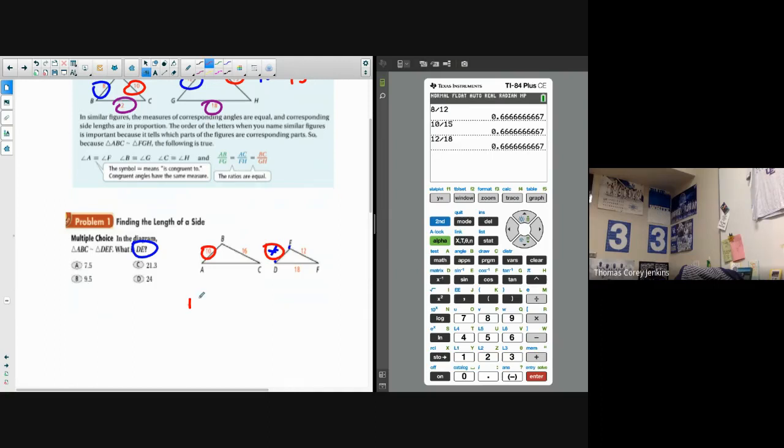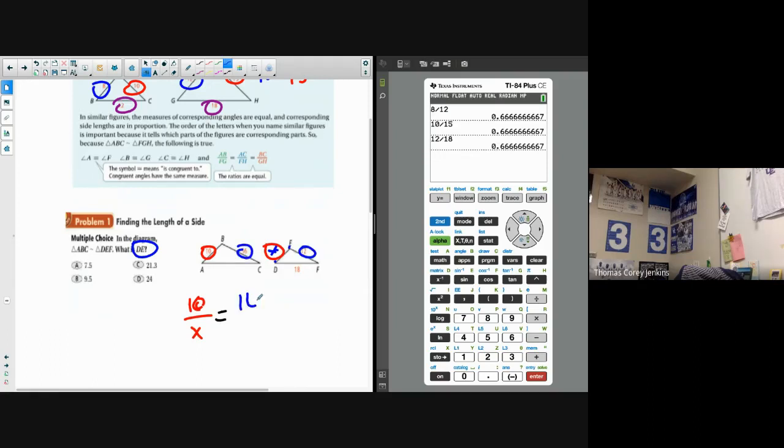So let's say 10 over X is equal to. Now, here's a key thing. I wouldn't want to do AC and DF because I don't know AC. So the only other thing that makes sense to do would be to use BC with EF because we know both of those quantities.